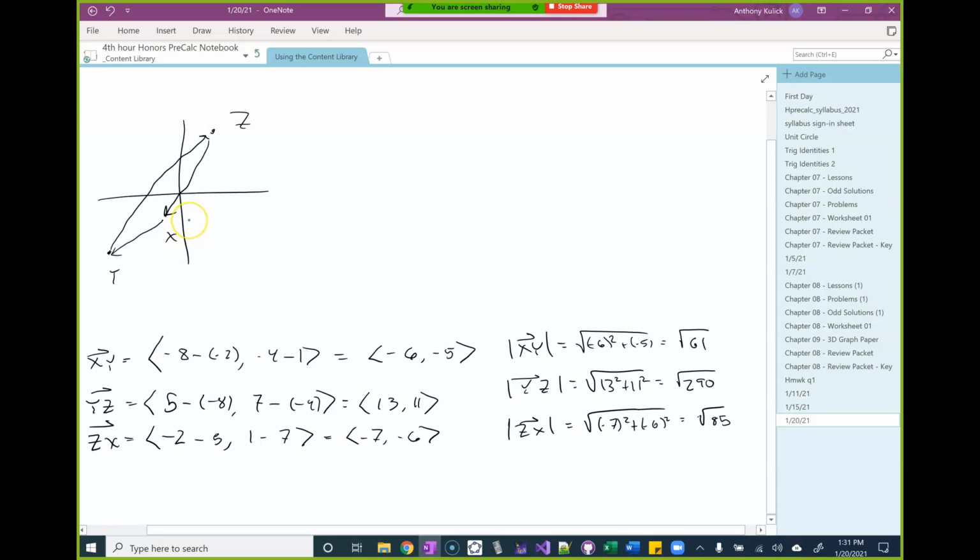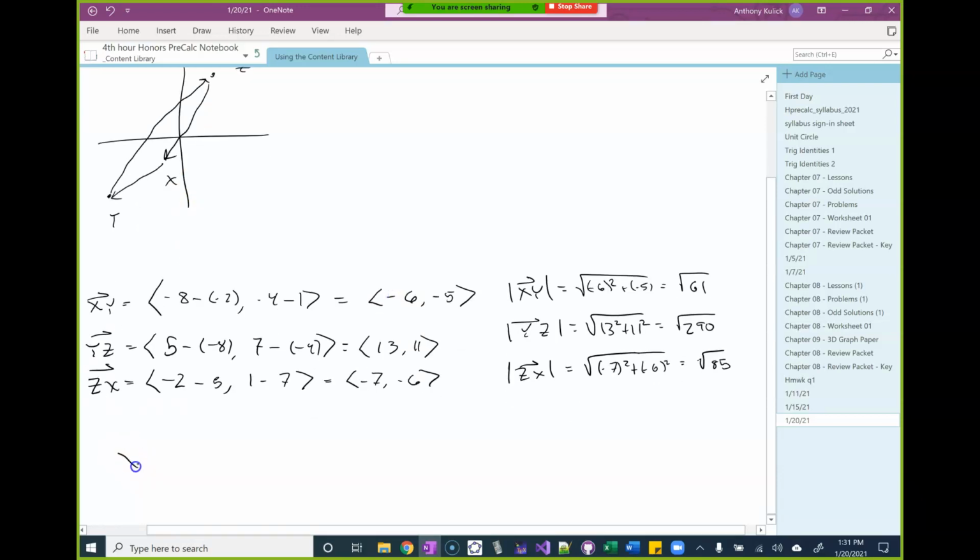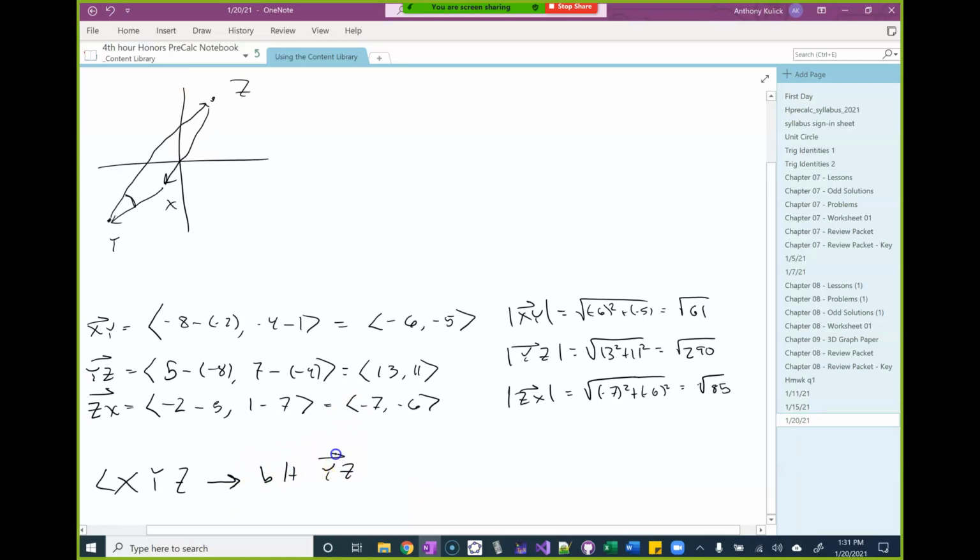So for example, if we have the angle xyz, which is this angle here, we'd actually need to do the angle between the vector yz and the vector yx.